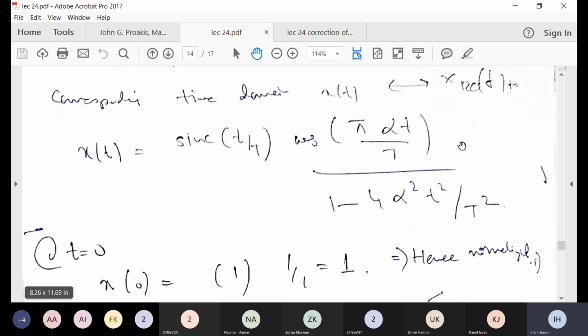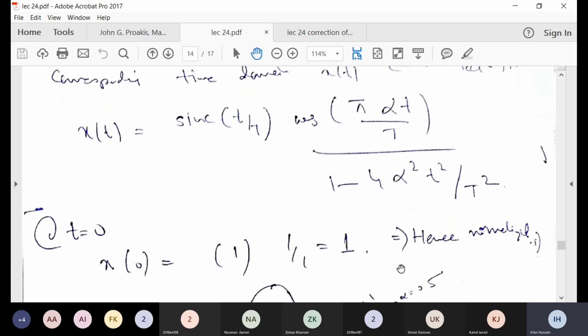If I put t equal to 0, cos of 0 is 1, this term becomes totally 0, this becomes 1, and sinc of 0 is 1. So you can see that our x of 0 is 1, so it is satisfied.